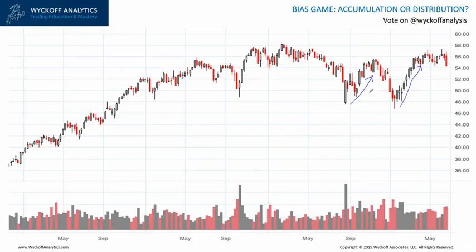What do I mean by that? When the price travels, reactions are not that deep. Look at the intraday reactions right here. Compared to this, this is a little bit more volatile.